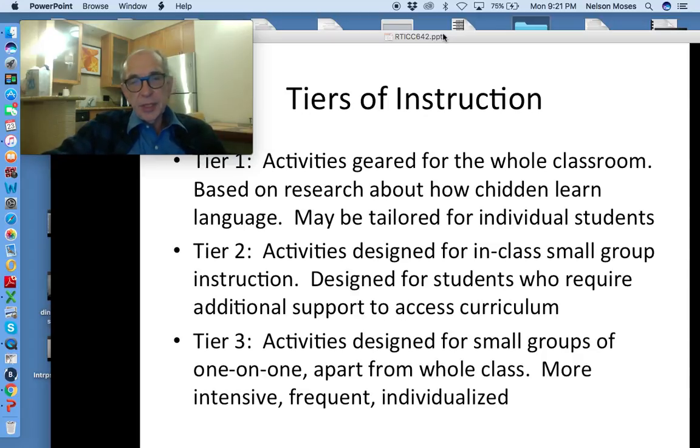By the way, these tiers represent levels at which the speech-language pathologist can participate in RTI work. So at Tier 1, the speech-language pathologist may work with the whole classroom side by side with the teacher.